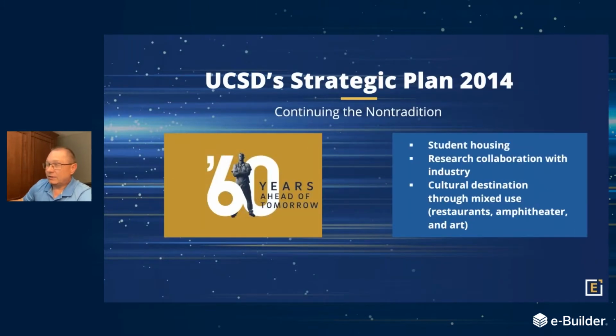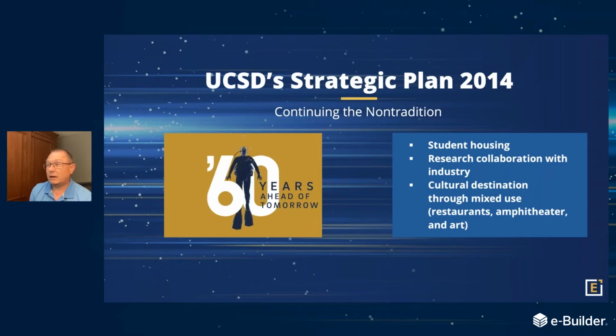In 2014, we undertook our first real strategic plan, and that was focused on where the university was going to be headed. We had hit our 60-year anniversary, and a major focus, actually 3 major focuses that affected our capital construction were student housing. We were always under-housed for the students and needed to do something to really increase those numbers.